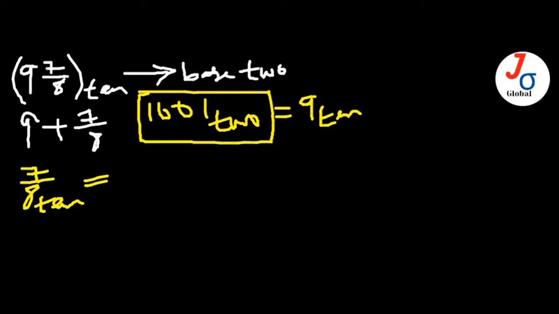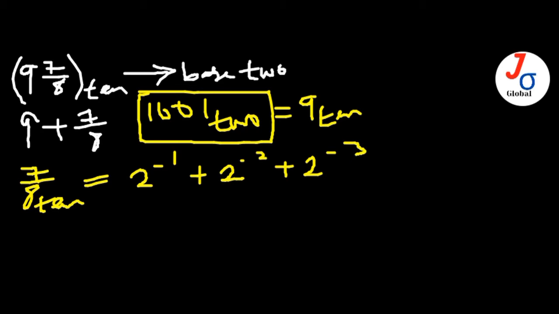So 7 over 8 is actually 0 point something, so decimal. So I'm going to have 2 to the power of minus 1 plus 2 to the power of minus 2 plus 2 to the power of minus 3, because 2 raised to the power of 3 is 8. So I'm going to stop there.